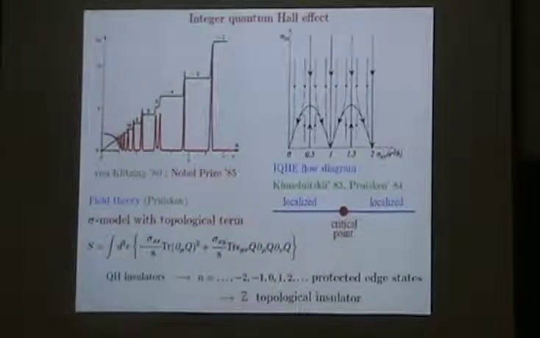What this term does, it counts the winding number of your 2-dimensional plane, which you can think about as a 2-dimensional sphere if you compactify it, that is mapped onto the corresponding sigma model manifold, which is this U, and it contains a complex sector, which is U2 over U1 cross U1, and U2 over U1 cross U1 is just a normal 2-dimensional sphere, and so it's a mapping of sphere on a sphere, and can be any integer number of windings.